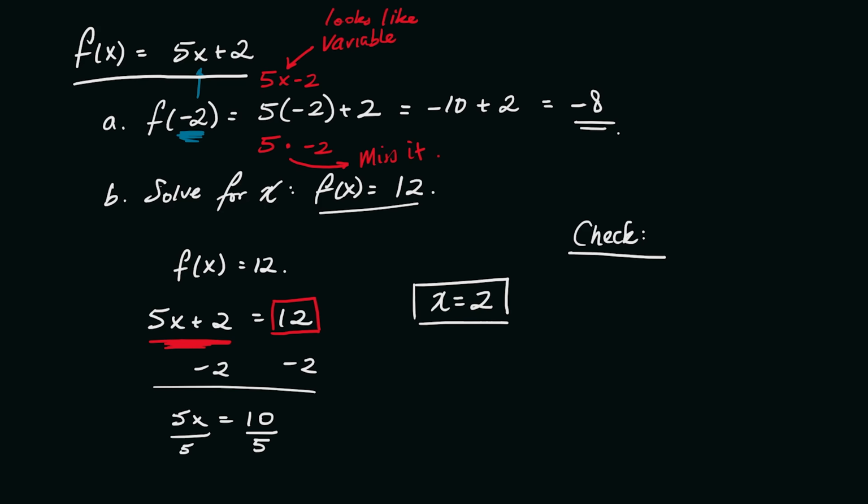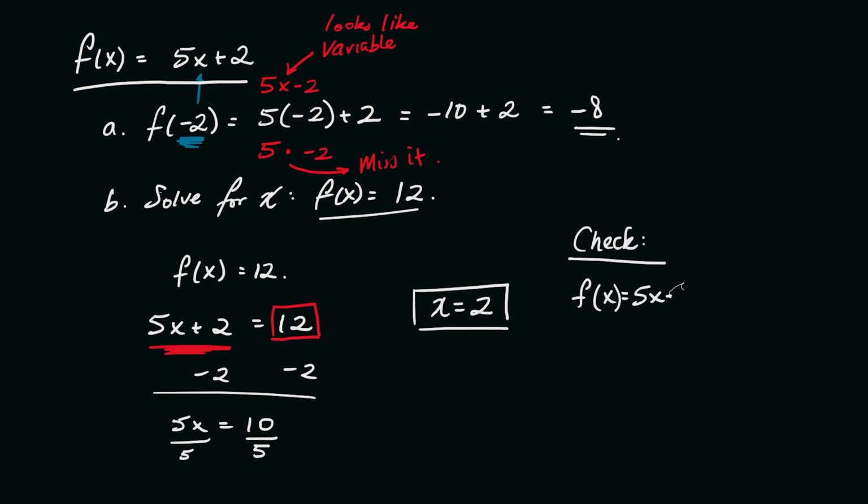So now we want to check that. How would we check it? So f of x equals 5x plus 2. Now, since we know that we can just plug in x, f of 2 is just going to be equal to 5 times 2 plus 2.